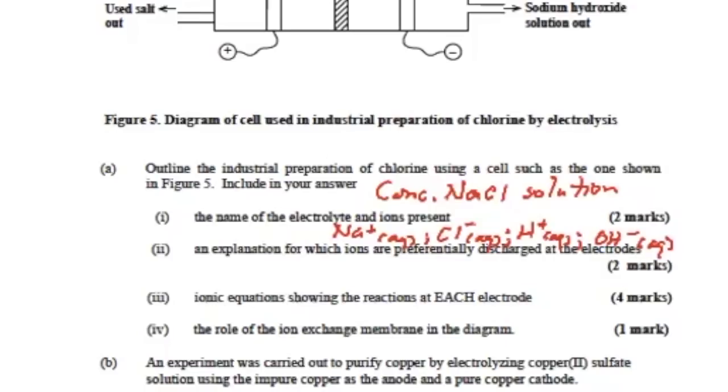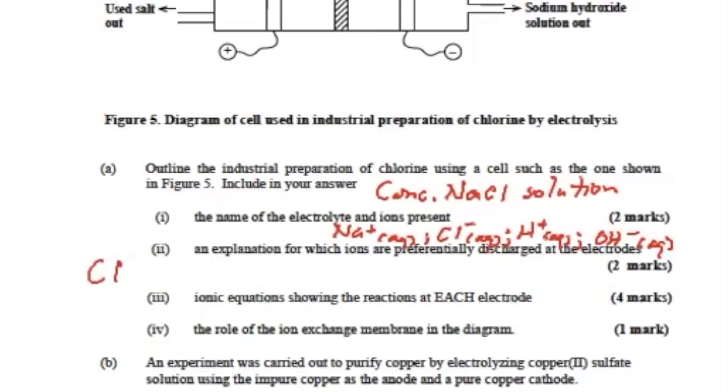So, of course, it's concentrated sodium chloride. So normally OH minus ions would be liberated, right? Because it's at the bottom of the electrochemical series for anions. But in this case, there's a relatively larger amount of chloride ions than OH minus ions.